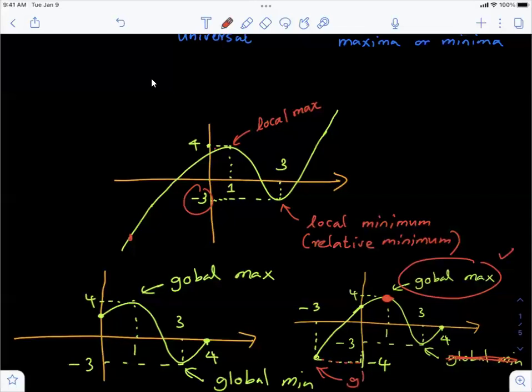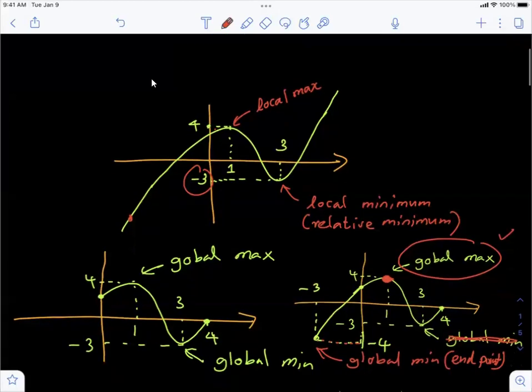The global minimum occurred at an endpoint. So the global minimum can occur not only at a critical number; on a closed and bounded interval, it can occur at an endpoint too.